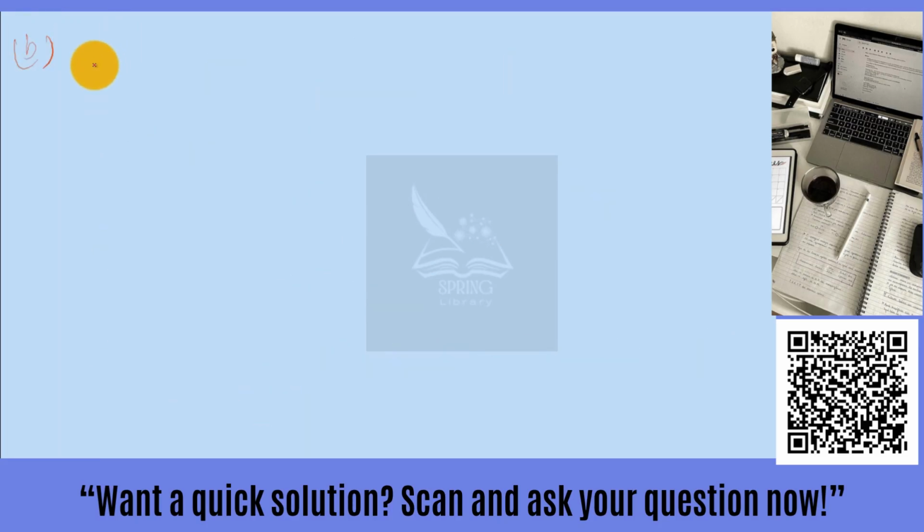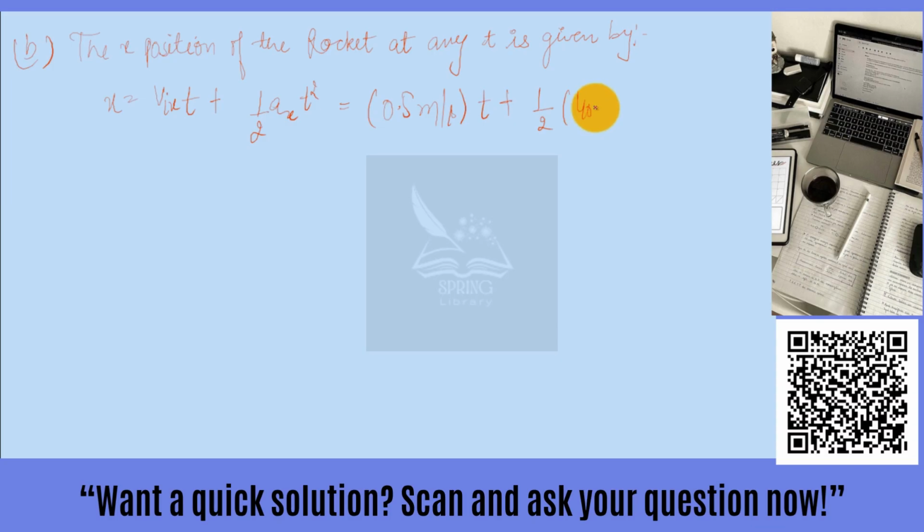Part B. The x position of the rocket at any time t is given by x = v_ix t + ½ a_x t², which is equal to 0.5 meter per second into t plus half of 40 meter per second square into t square.